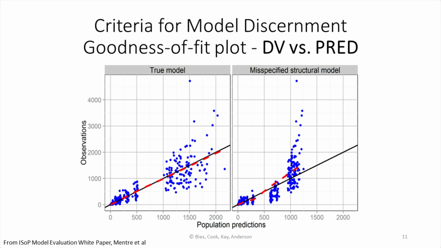And you see in the left panel that we match this line of unity quite well. We have an even scatter. On the right-hand panel, you see a misspecified structure, and you see some departure in that smooth from the line of unity. So something systematically not being adequately predicted, or alternatively predicted with some degree of bias.